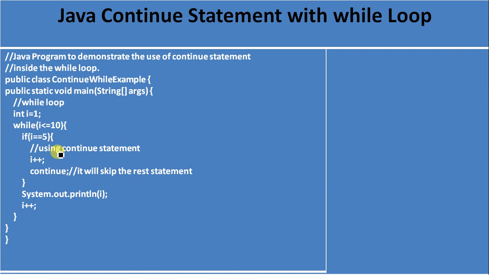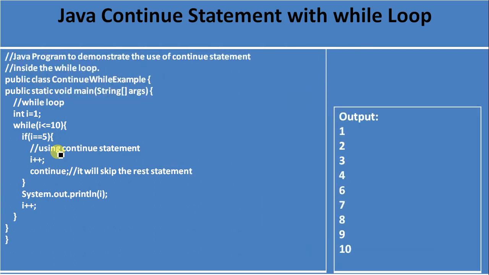The output of this program will be numbers from 1 to 10, but it will not print a 5. Here we are using i++ within the if block. Why? Because we need to increment i for the next iteration. That's why we are using i++ over here.